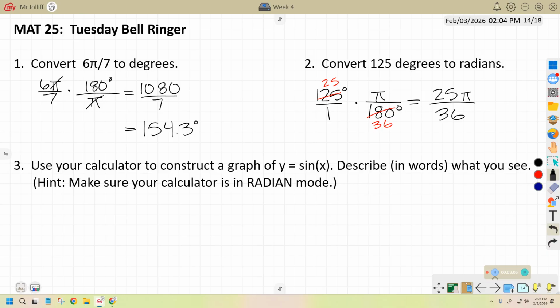The third one said make sure your calculator's in radian mode and graph y equals sine x. Do I have a volunteer who can describe what they saw? You can use your finger to show me if you want. Yes, Mirza.